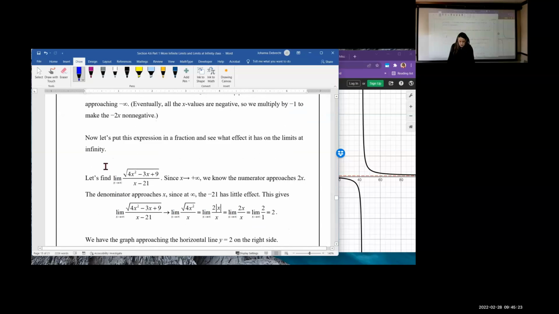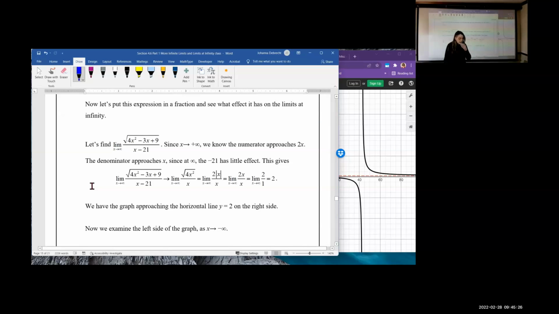All right, so let's take a look at this particular value right here. We've got the square root of 4x squared minus 3x plus 9 over x minus 21. This is as x is going to infinity. So we know that we'll get the positive value, right? So this in the numerator is going to approach the square root of 4x squared, which is 2 absolute value of x, which again is going to be 2x for x going to positive infinity, and negative 2x for x going to negative infinity, right?